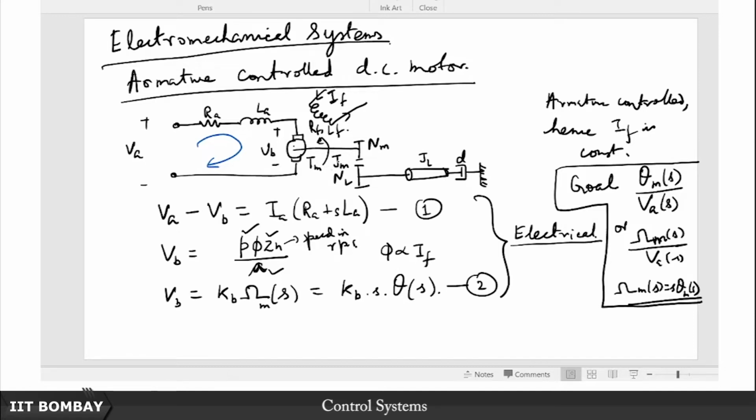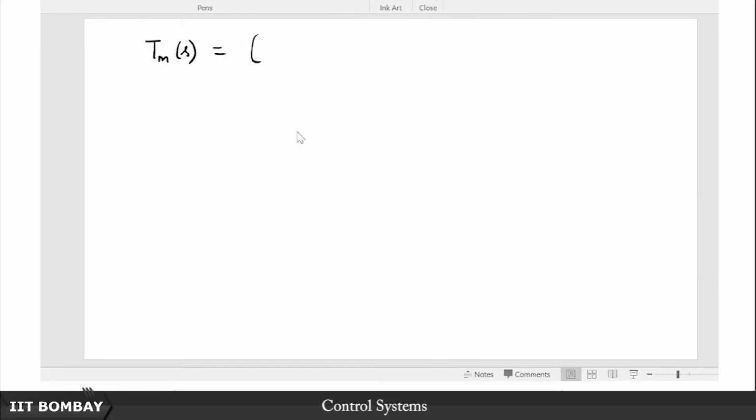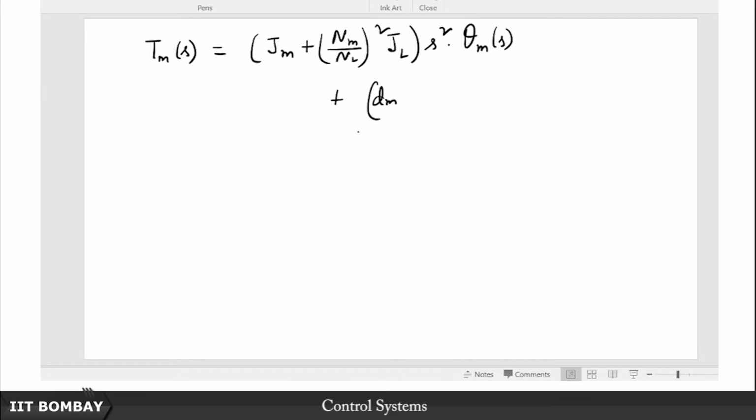So that remains as it is. There is also some damping on this side. So that remains as it is. What gets added to it is the reflected part. So we will have (Jm plus (Nm upon NL) squared times JL) times S squared, and then we can write theta m(S), right, plus again the damping that was already existing.